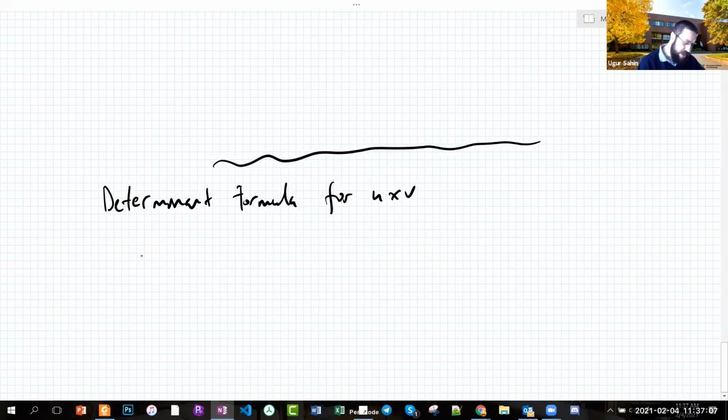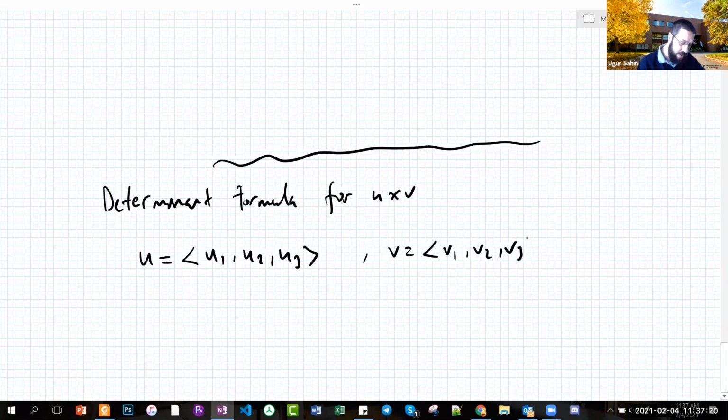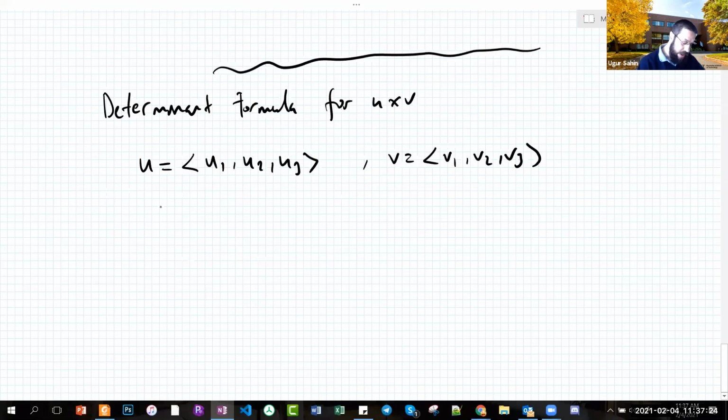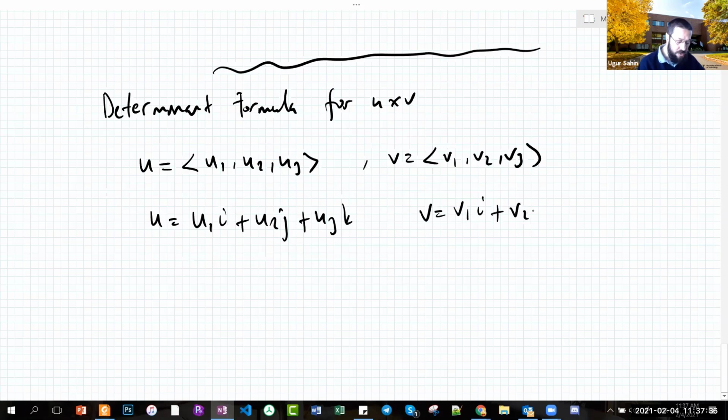That is why I'm gonna take a look at the original meaning of the cross product. So U is equal to U1, U2, U3, and V is equal to V1, V2, and V3. Also, I can write U as U1 i, U2 j plus U3 k, and V as V1 i, V2 j plus V3 k.